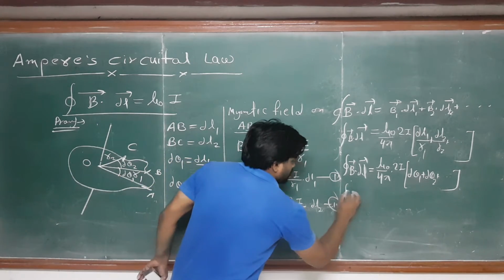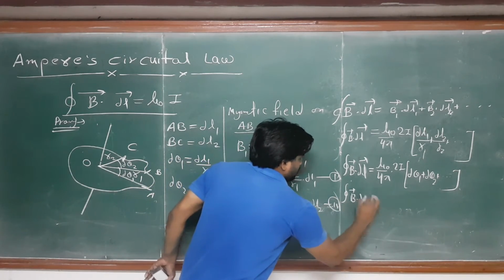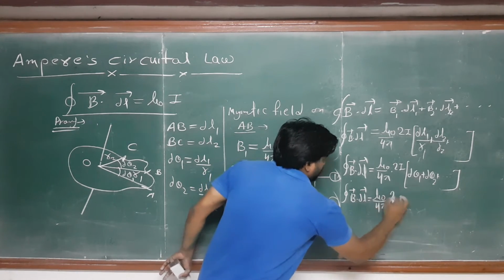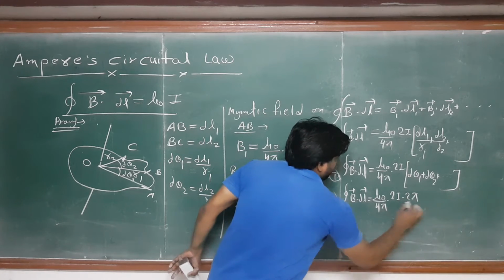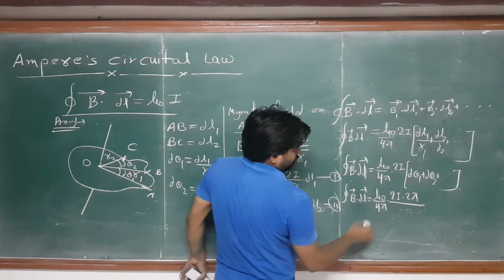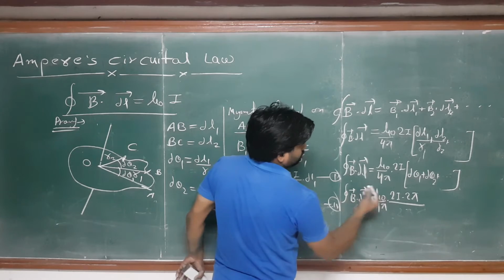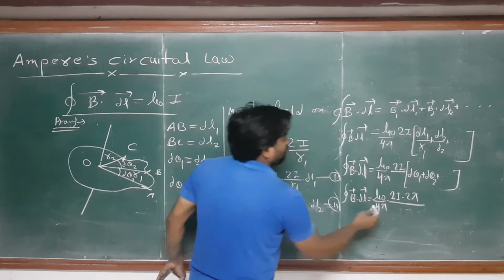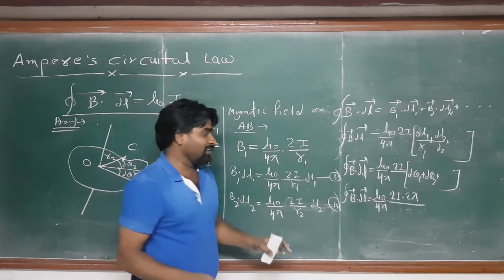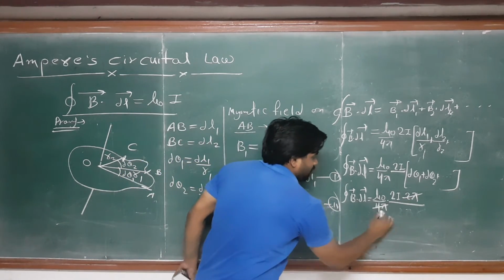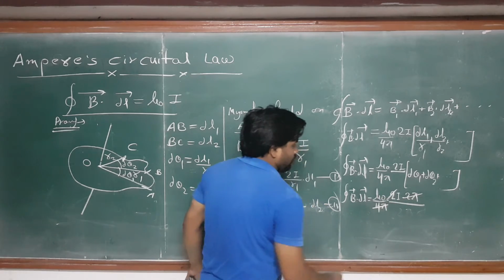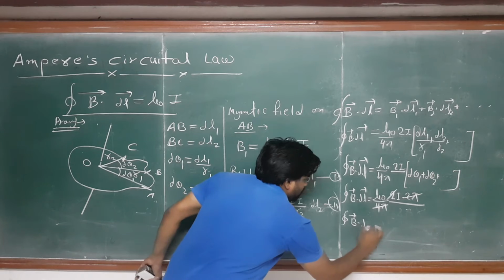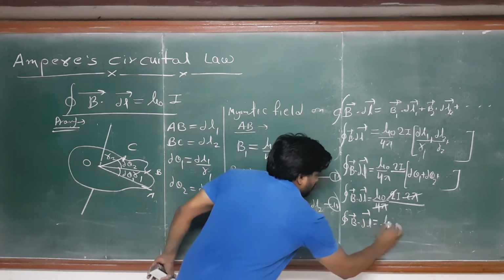So the line integral of vector B dot vector dl is equal to mu naught by 4 pi dot 2I dot 2 pi. Now the 4 pi and 2 pi cancel, the 2 will be left and cancel, so the line integral of vector B dot vector dl is equal to mu naught I.